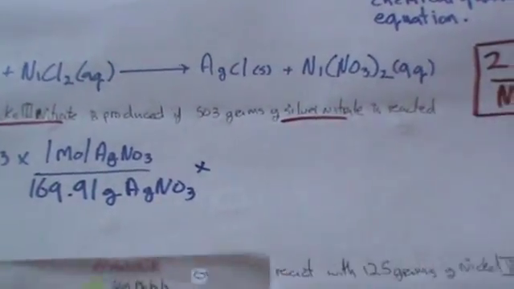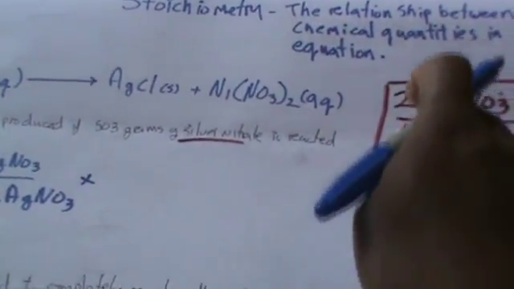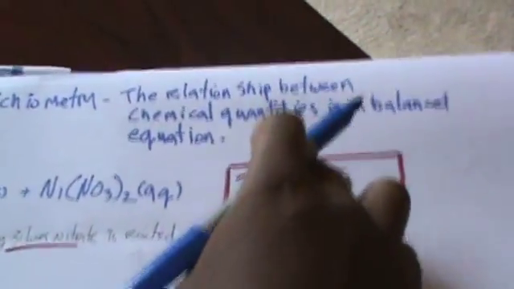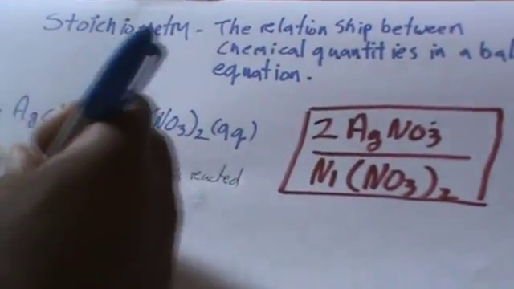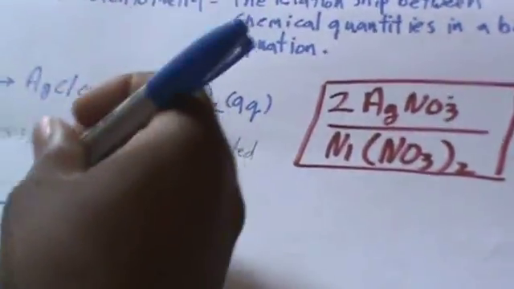The next useful thing, because I already pulled this out right here, we're going to put in here. We already have the moles of silver nitrate, and you can look at these as moles.